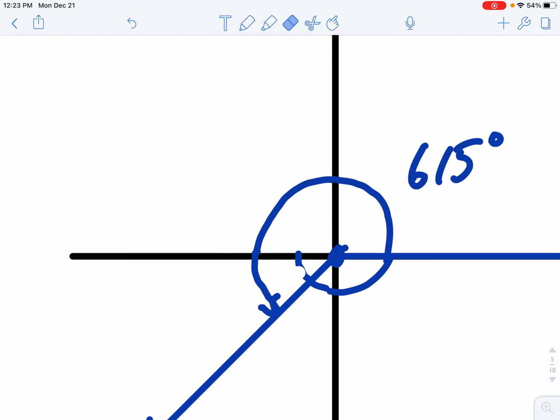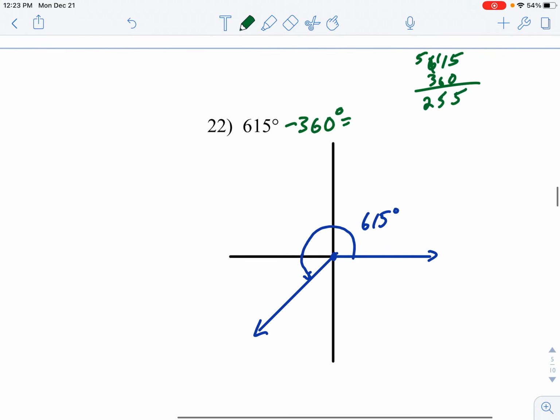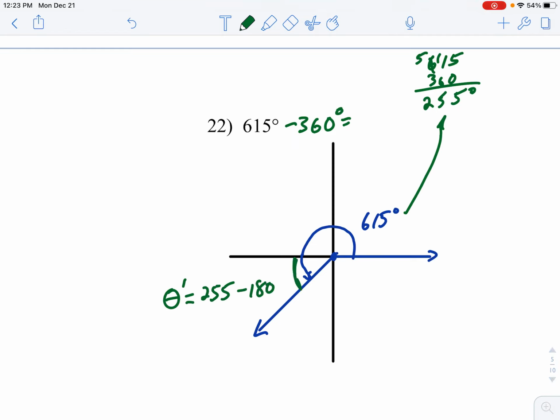If I can subtract off my first whole revolution, that 615 degree angle is basically the same thing as a 255 degree angle. So now for theta prime, I can do 255 minus 180, and that will give me this little leftover amount there. 255 minus 180, well, again, I need to line that up. 5 minus 0 is 5.